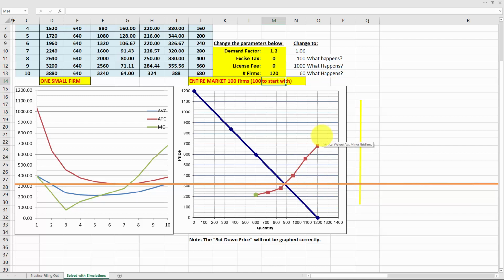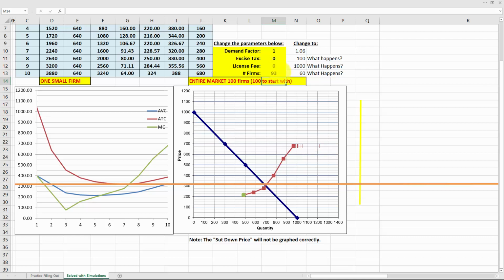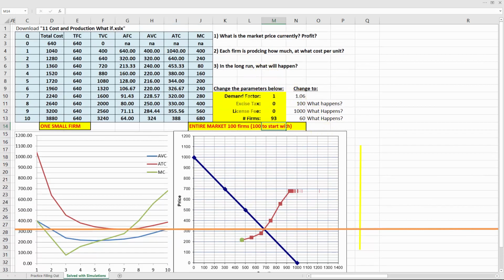Cool. All right, well, what could we change now? Let's change the demand back to the way it was, and let's change the number of firms back to 93 again, where everybody's breaking even, and let's add an excise tax to these firms.